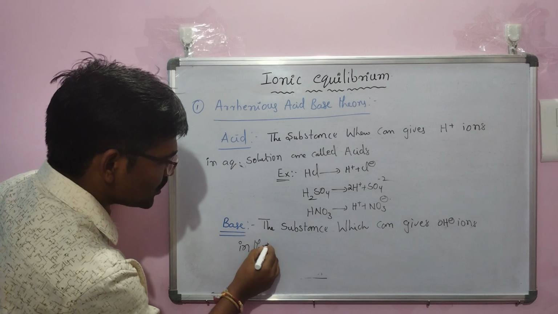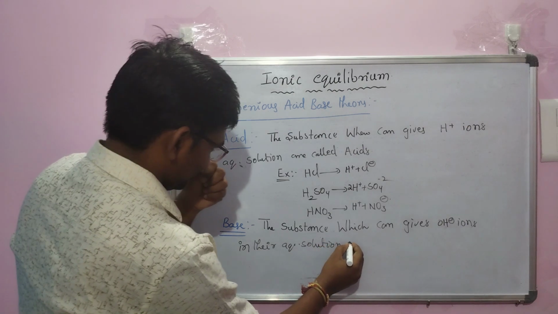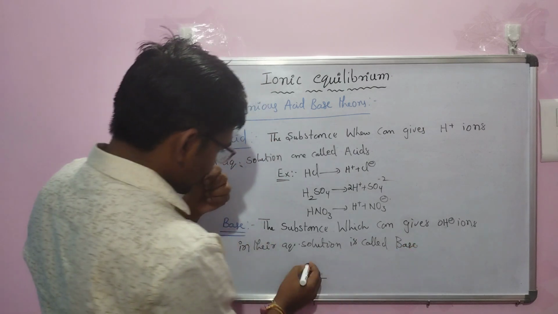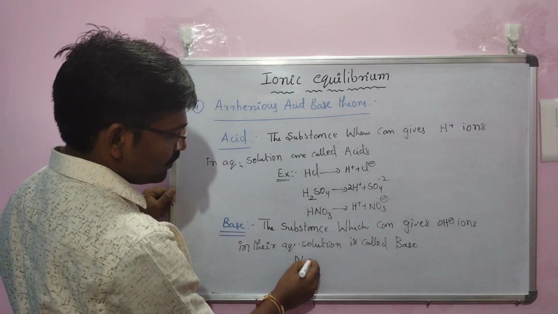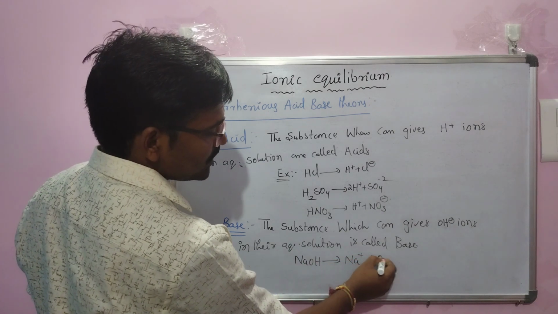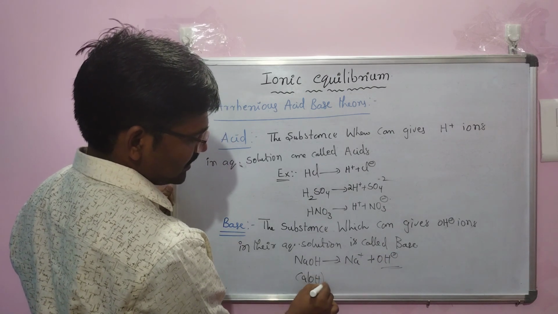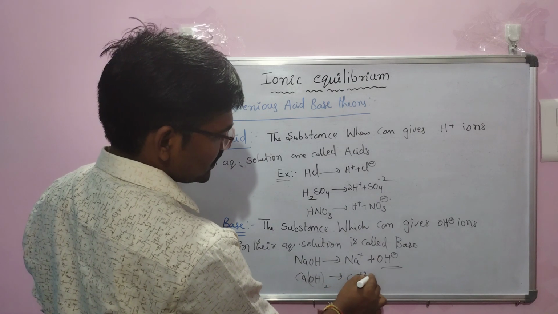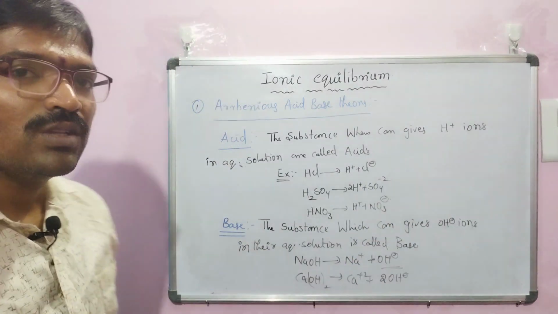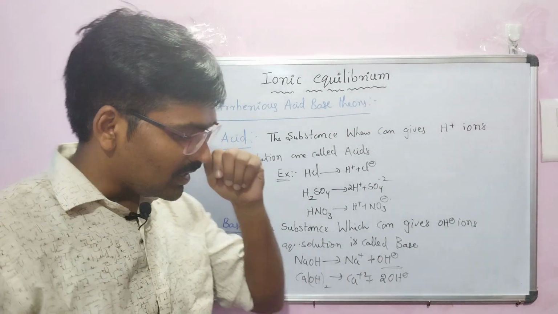Ca(OH)2 gives Ca plus 2 and 2 OH minus ions. So the substance which can release OH minus ions we call a base according to Arrhenius.